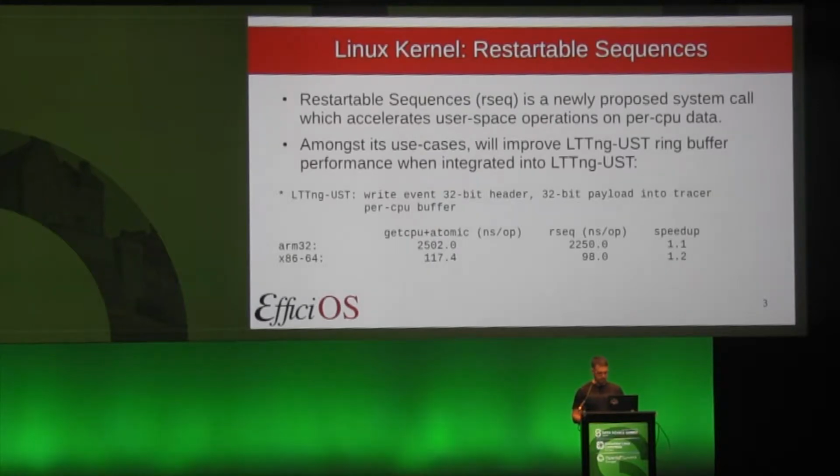We have good performance. This is an example of the speedup we get for ARM32 and x86-64. On x86, from 117 nanoseconds per operation of recording an event with a 32-bit header and 32-bit payload into the per-CPU buffers, we go down to 98 nanoseconds per operation.